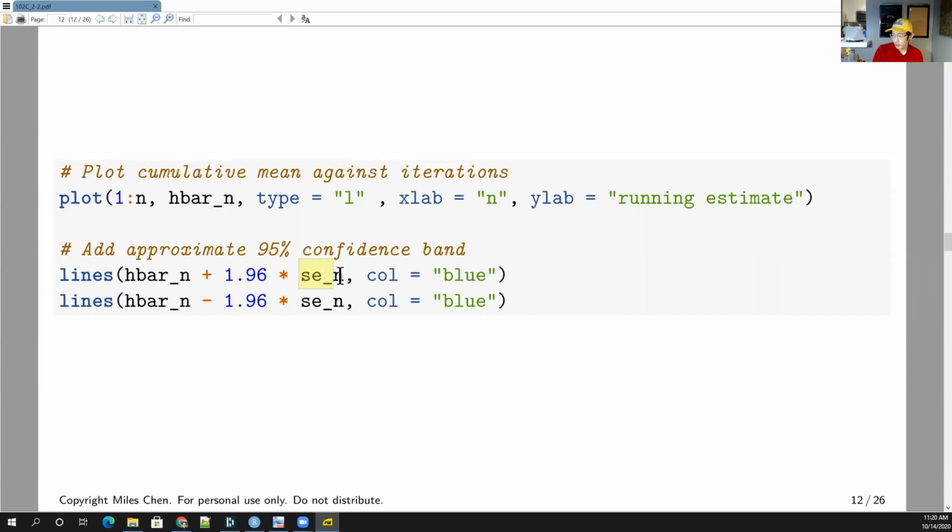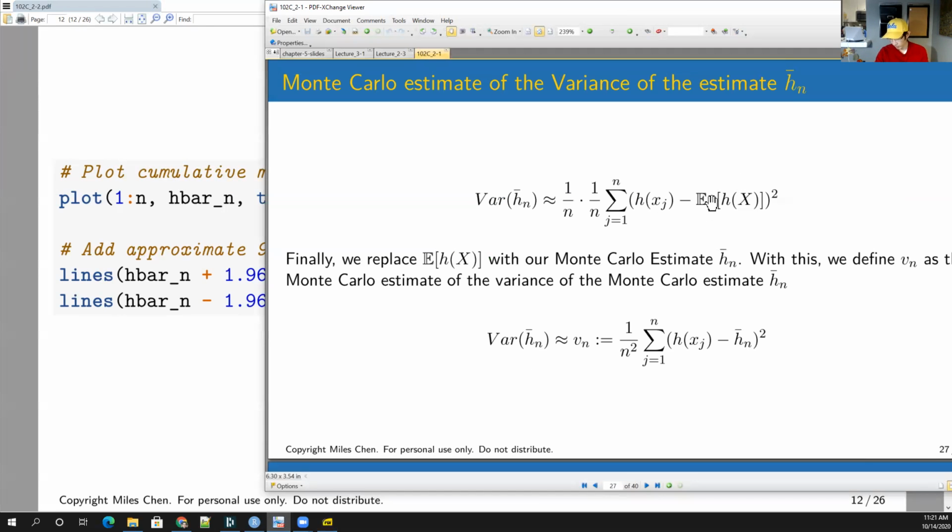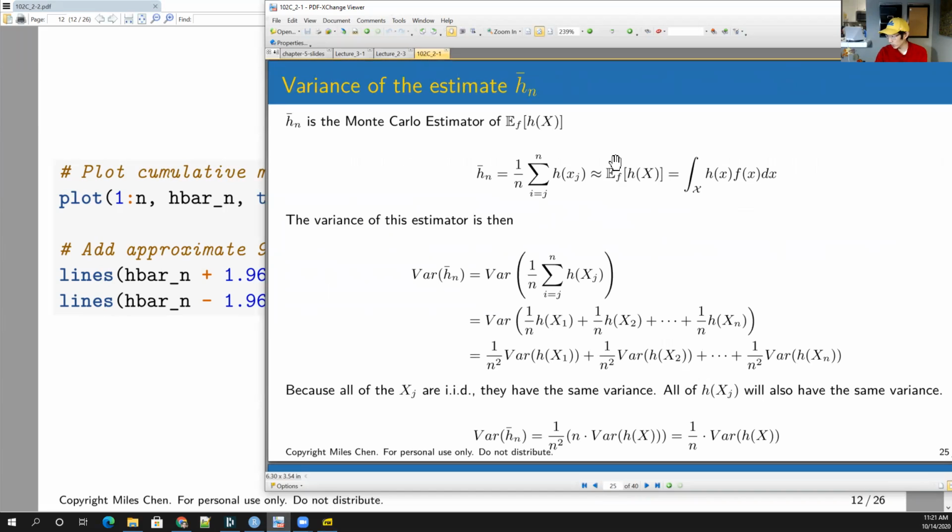And because I have a standard error now, I can create confidence intervals, okay? And so I can be 95% confident that the true value that we're trying to estimate, that is, this quantity. So, H bar is basically a sample mean where the true value is the expected value of H, okay?